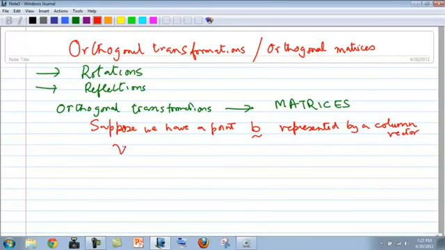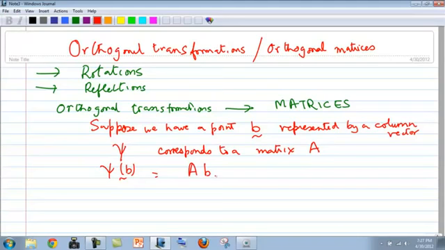We have an orthogonal transformation psi which corresponds to a matrix A. So therefore psi applied to the point B is really the matrix A multiplied with the column vector B.